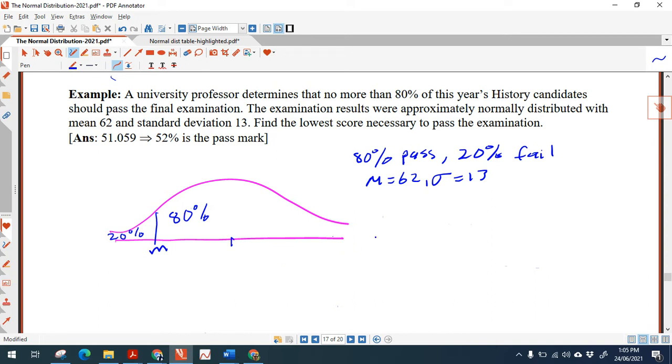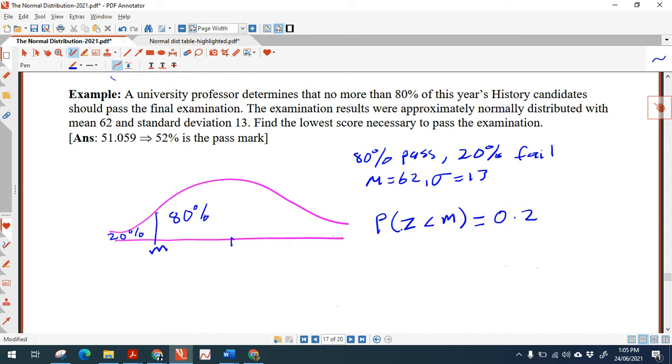We're going to find the probability of Z less than some number M equal to 0.2 for the 20% fail, because we want it below that. Okay, so we want to find which number M makes this true.